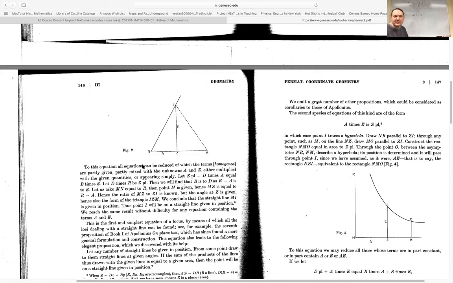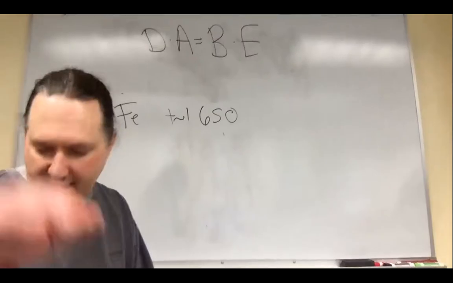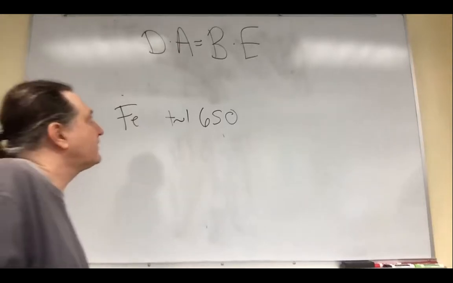Fermat's a little uncomfortable with the fact that this has to be two-dimensional. So why don't we let Z plane be D times R. So now he has two factors there. Then we will find that B is to D as R minus A is to E. Let me write this for you a little bit.